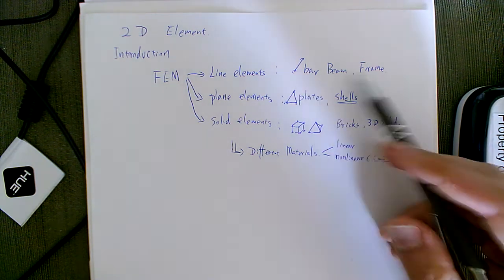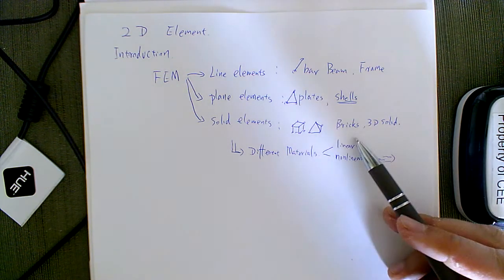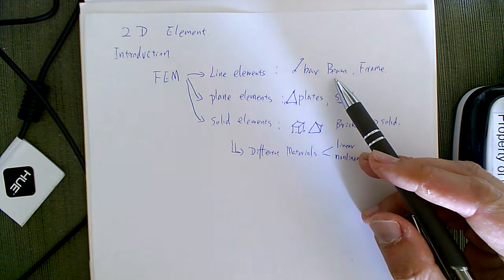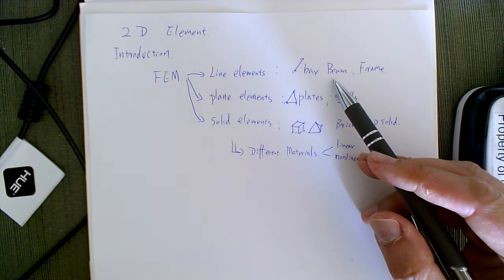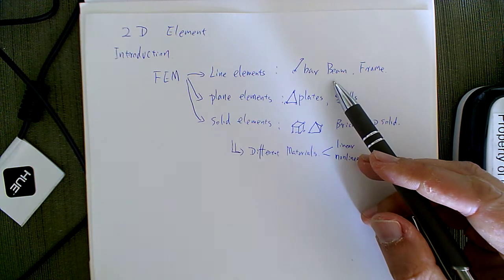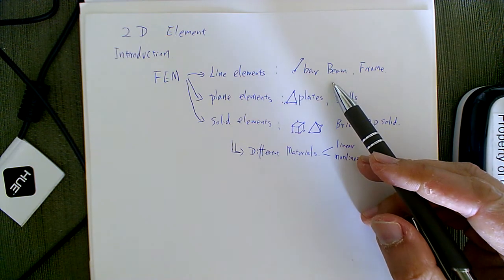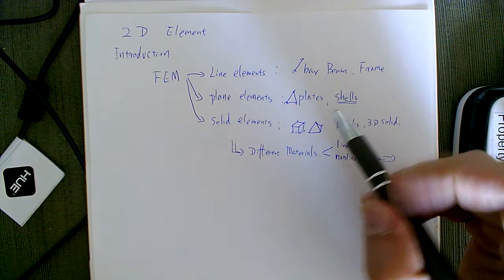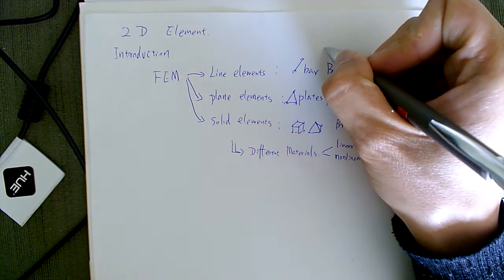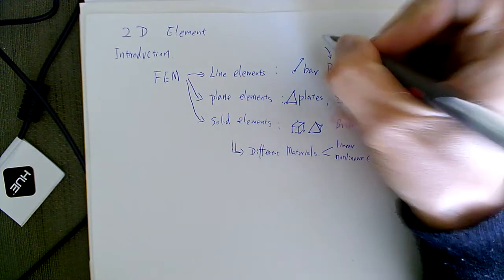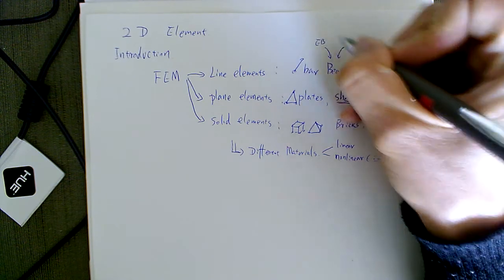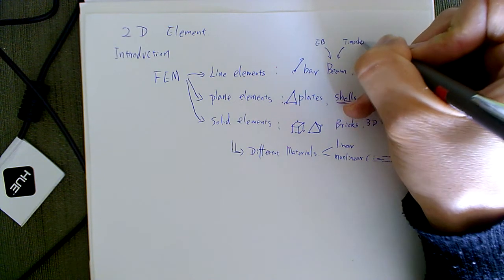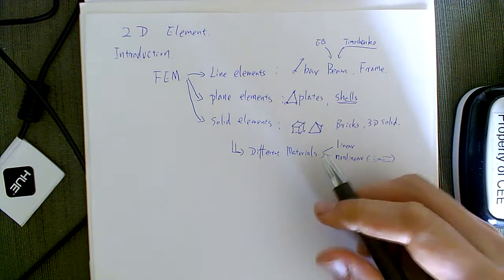And within those, we slightly touched on the beam. In this class we mainly talk about the Euler-Bernoulli beam, because we use the Euler-Bernoulli displacement assumption. But frankly, you can use different displacement assumptions. Then you can have a Timoshenko beam.